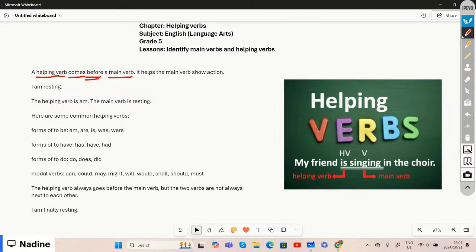That is why I said it is way better to firstly identify what your main verb is, because once you identify your main verb, you will be able to see what your helping verb is.